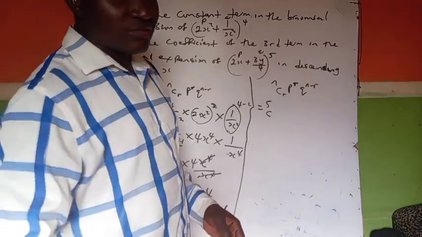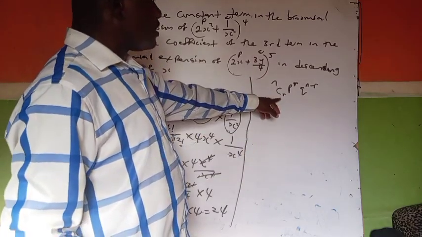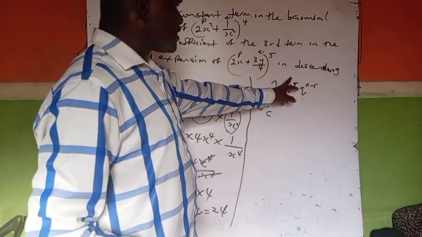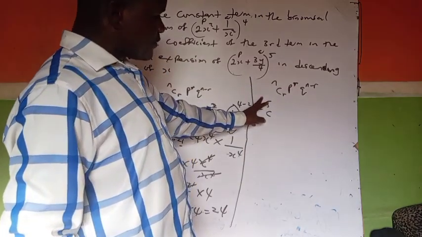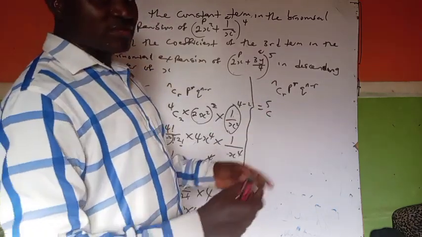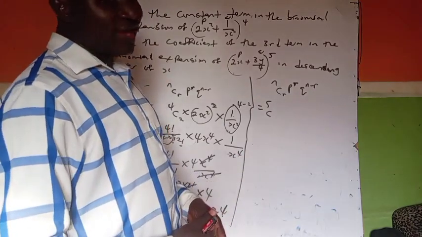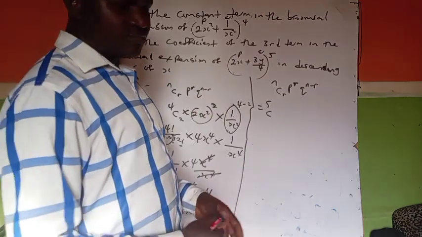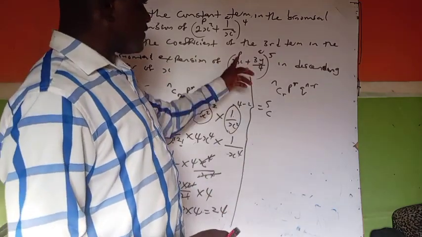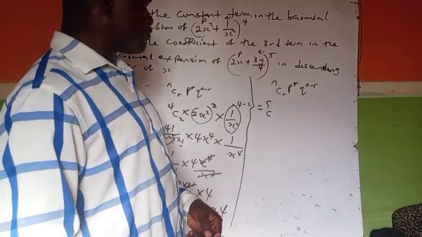So what is the third term? In the first term, X carries everything. The second term, X reduces by 1. The third term, this one reduces another one, which is 2.